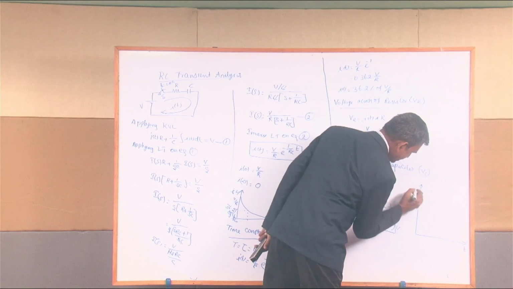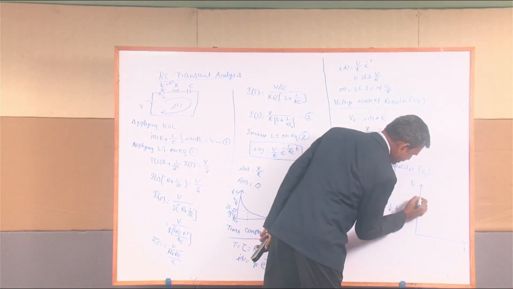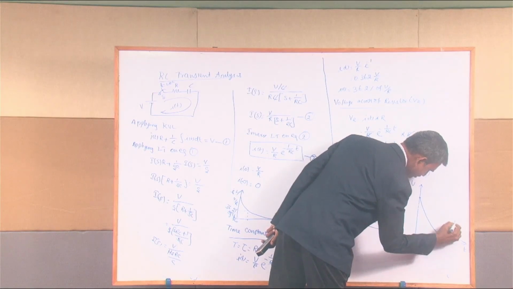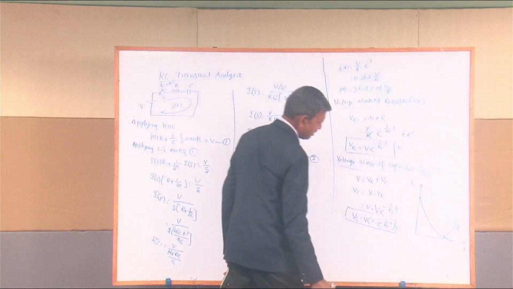So we get a response like this. This is the voltage across the resistor response.